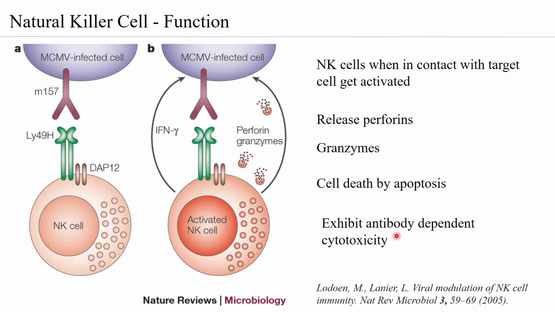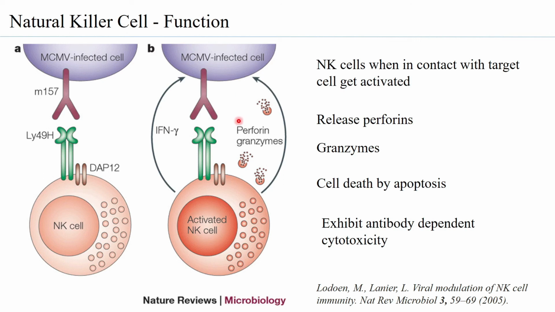It also exhibits what is called antibody dependent cytotoxicity. So many times what happens is that if the target cell has certain epitopes to which a circulating antibody can bind, then the circulating antibody is actually acting as an opsonin.